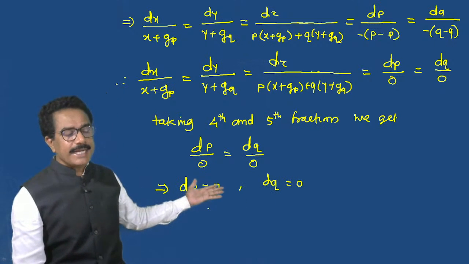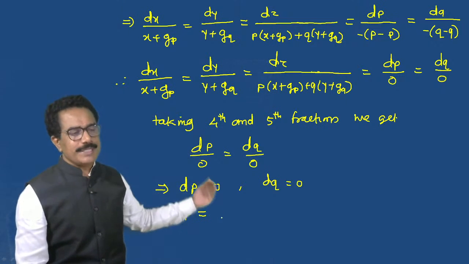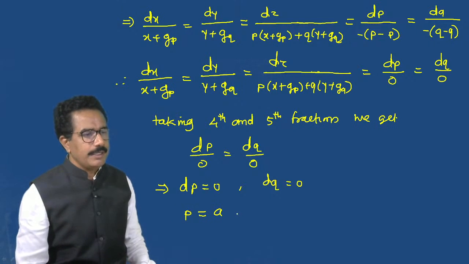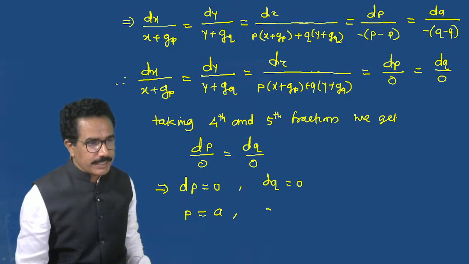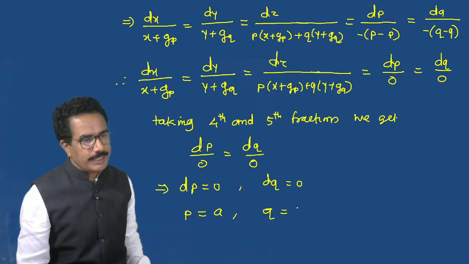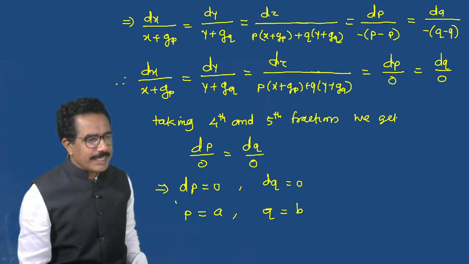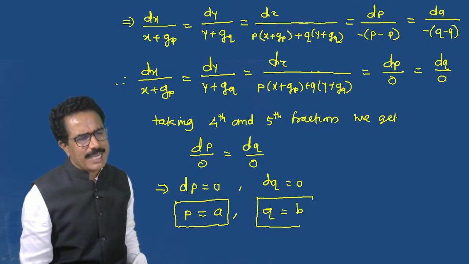So by integrating, the integration of dp is p, the integration of 0 is a constant, suppose a. Similarly, by taking the integration of dq, we get q, and if we take the constant b, we consider these values as a and b.